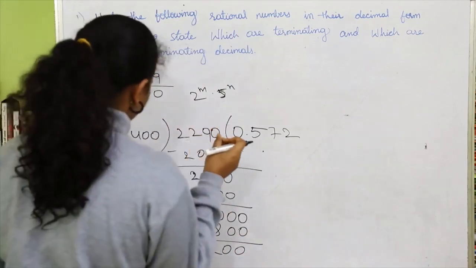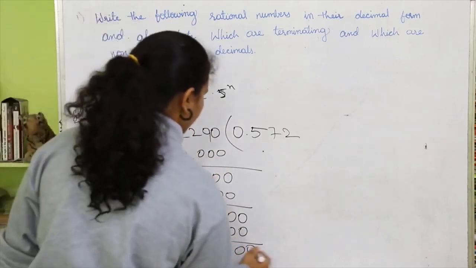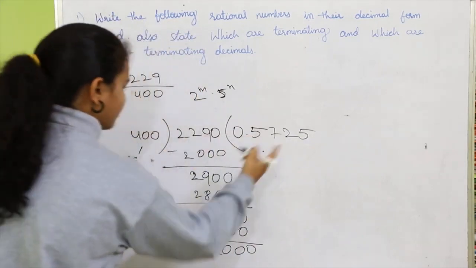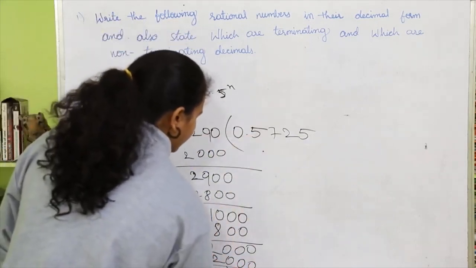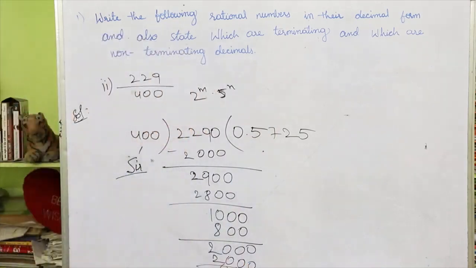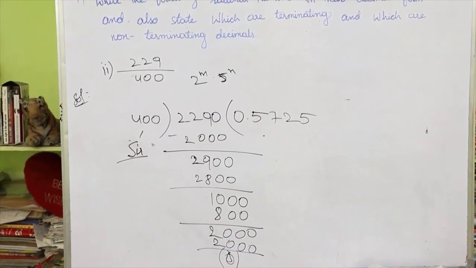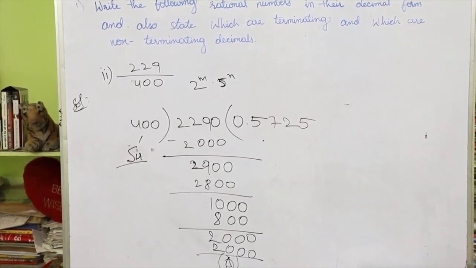Now go with again 400 means 1000. You go for 5 again. 400 into 5, 2000. So 2000 I got, and the remainder is 0. Okay? Is it clear?